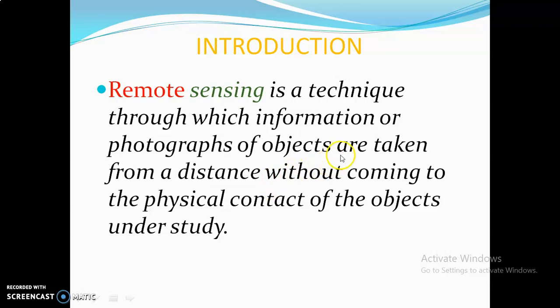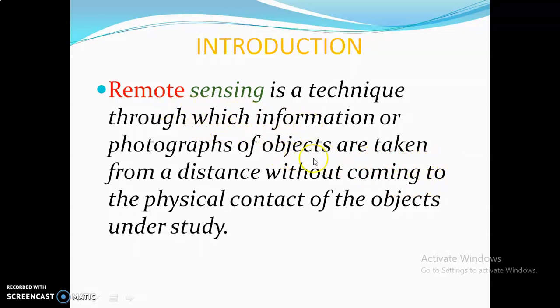objects under study. Now you may think that you also take photographs with the help of your mobiles or other cameras. So how is it different from your technique, taking photographs with mobiles or cameras, from remote sensing?